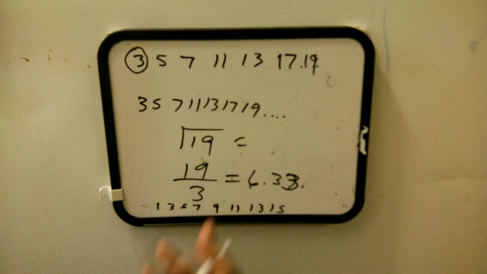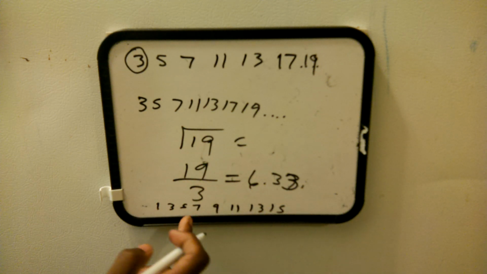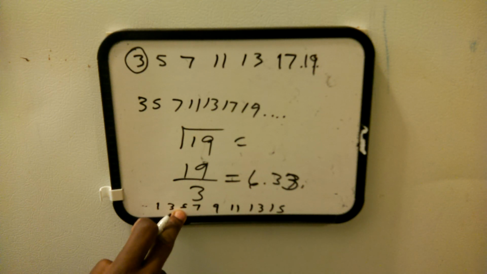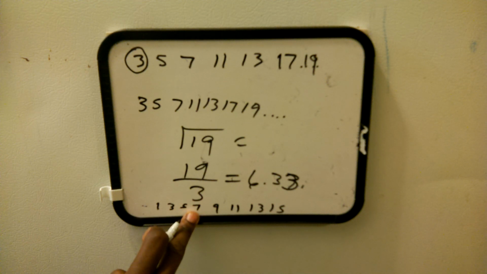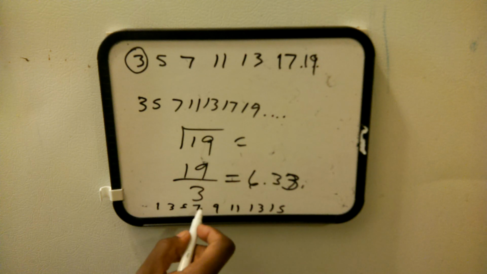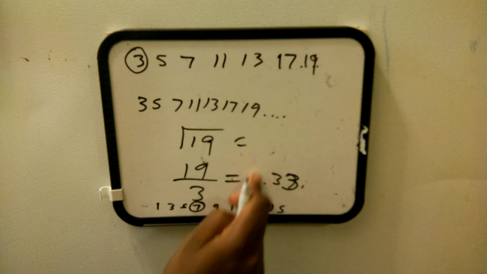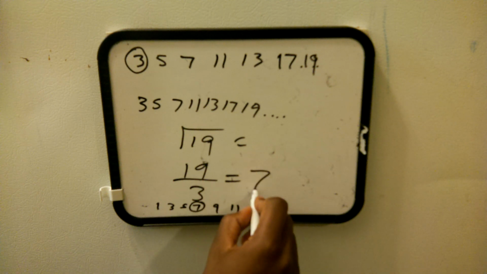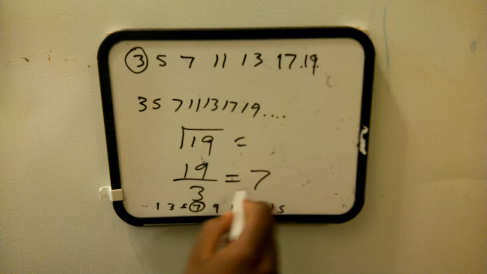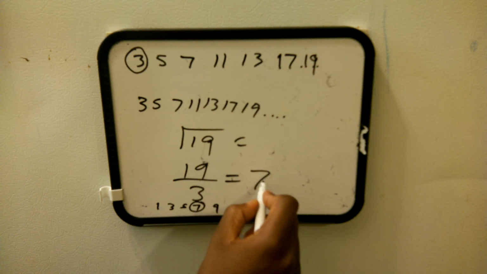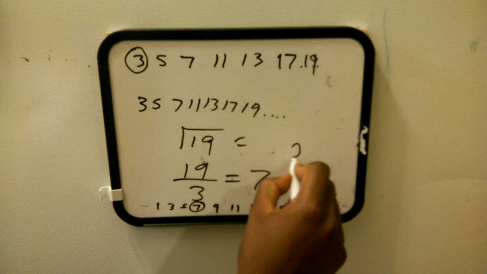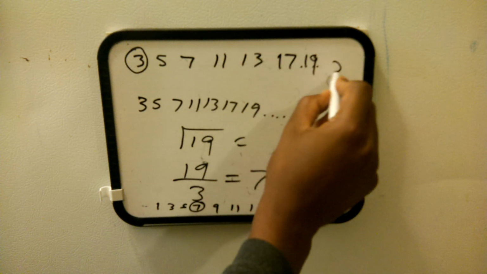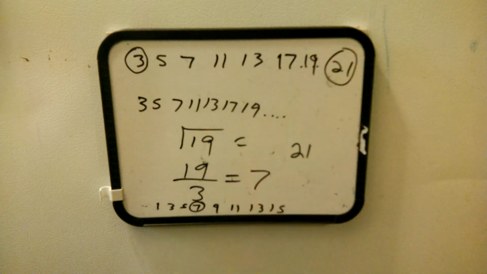Okay, where is 6? 6 is in between 5 and 7. So what's the nearest next odd number? It's 7. So then if it's 7, you do 3 times 7 equals 21. So 21 again. That's what we get again.